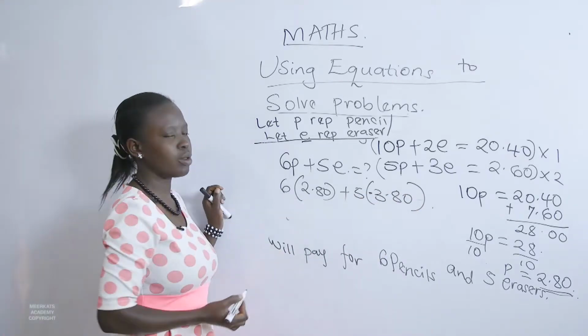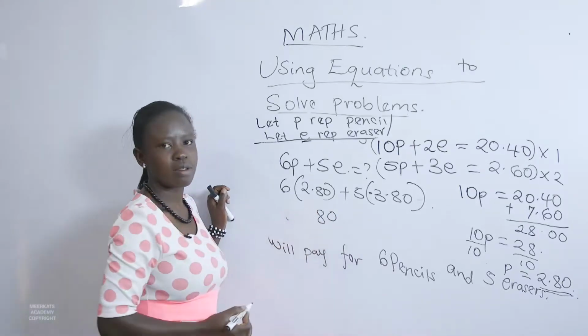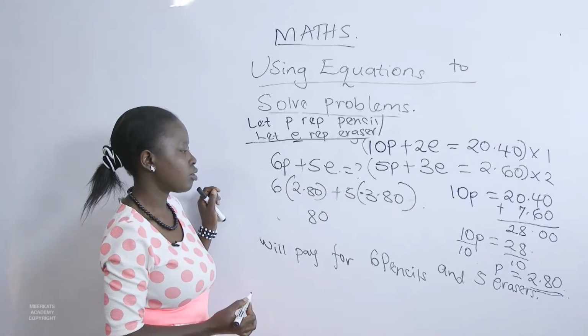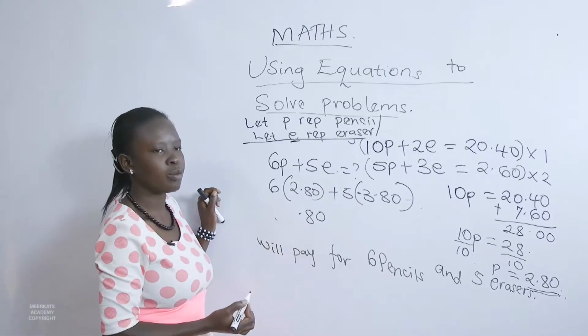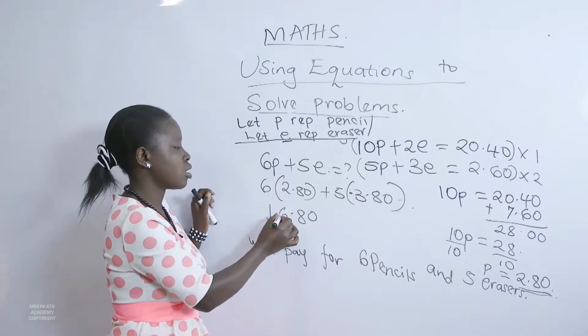So when we simplify, we have 0. 6 times 8 is 48, so write 8, carry 4. 6 times 2 is 12 plus 4, 16.